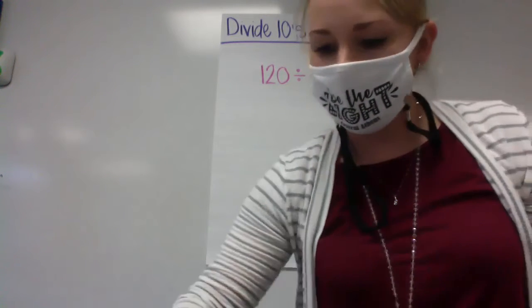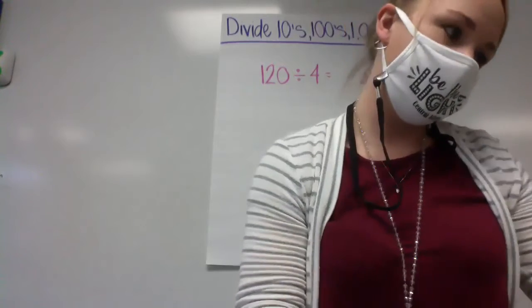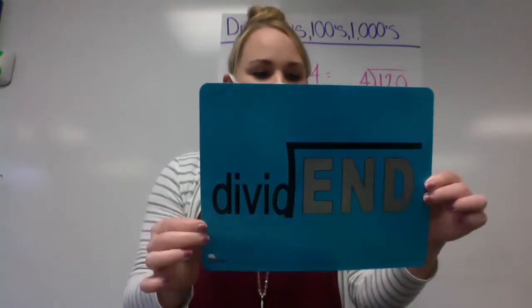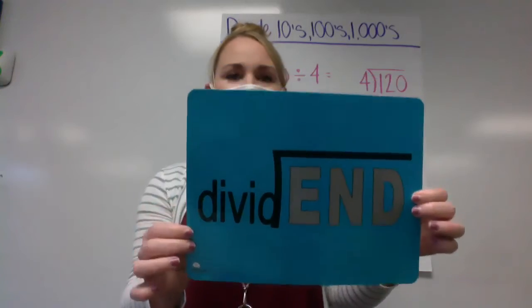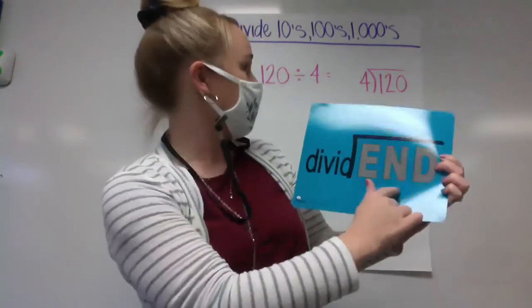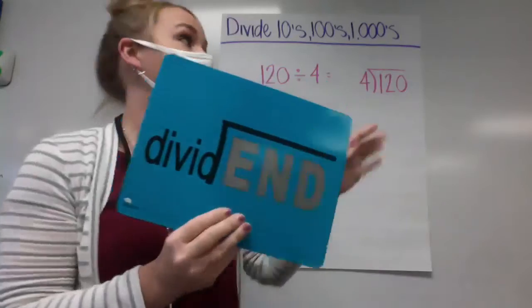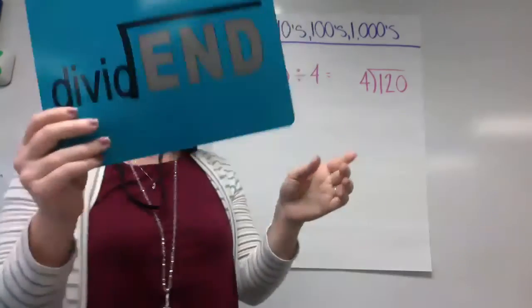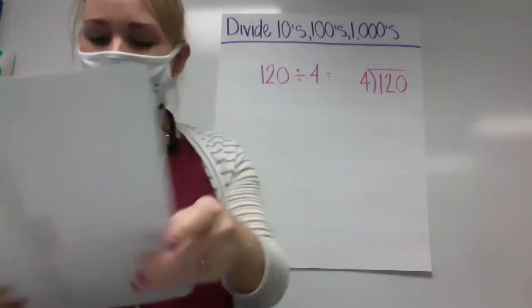So we've got our little vocabulary cards. This is the dividend, and the dividend is the number being divided in a division problem. See, it has the end on the inside. So the dividend, that's your big number, your number on the inside, the number being divided. So let's label it. Let's write dividend.